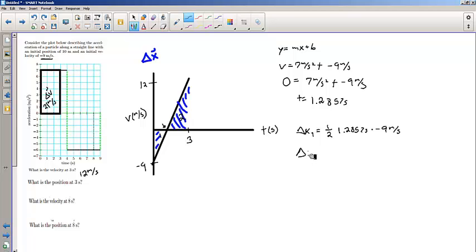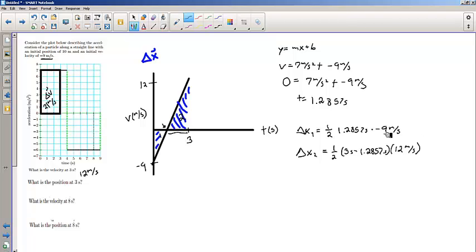For the second one, it's going to be 1/2. Now, how do we think about this length here? This is going to be 3 minus that time you just found. And this height here is positive 12. This is going to give you two areas. You can go in and calculate them.